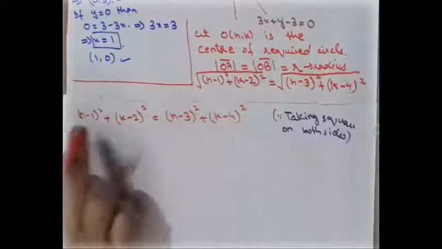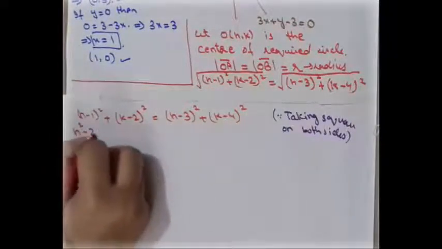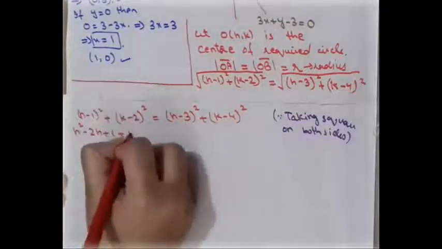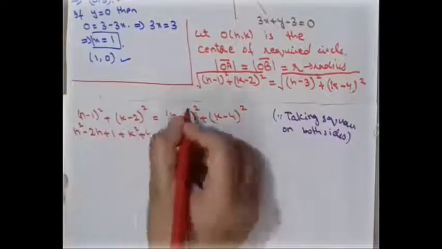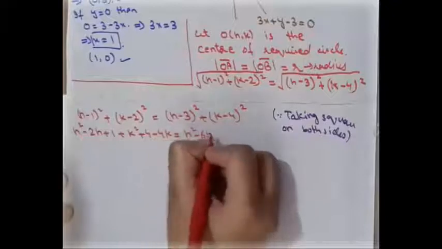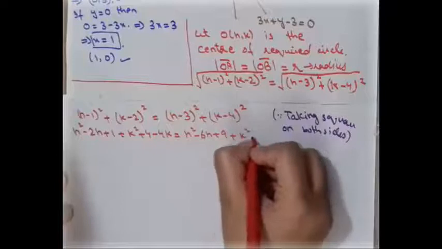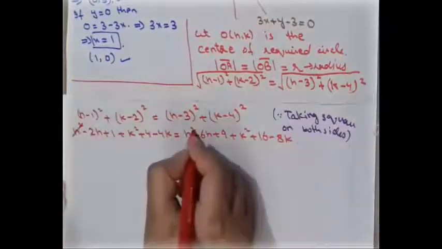To solve it, we apply our formula and open the squares: h square minus 2h plus 1, plus k square plus 4 minus 4k, equals h square minus 6h plus 9, plus k square plus 16 minus 8k.